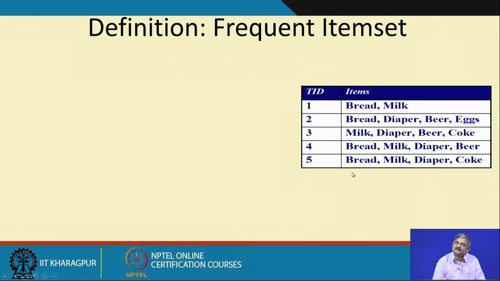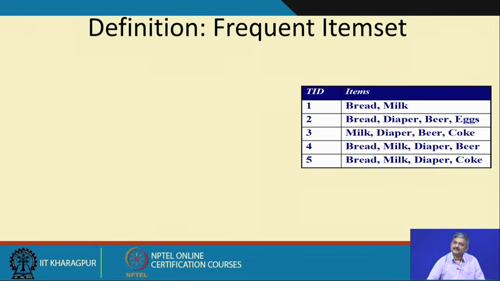Now, you take a subset of these 3, say only bread and milk. How many times does it appear? Definitely it should appear either 2 times or more than 2 times. In this case, it appears 3 times. Take another subset, bread and diaper. It appears 3 times.